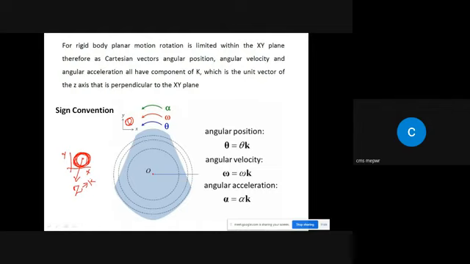That's why we say angular acceleration or angular position can be given as a magnitude and a unit vector along z. Similarly, angular velocity and angular acceleration both have direction along the z axis, with unit vector k.